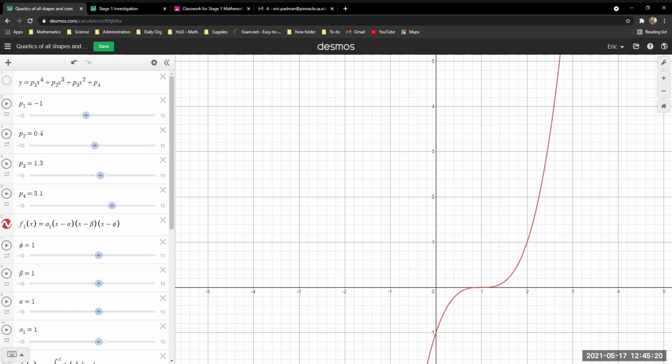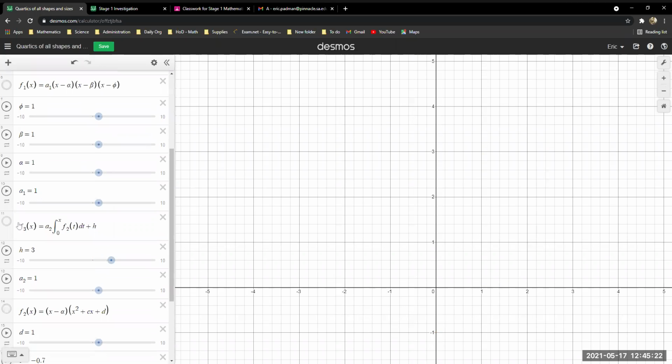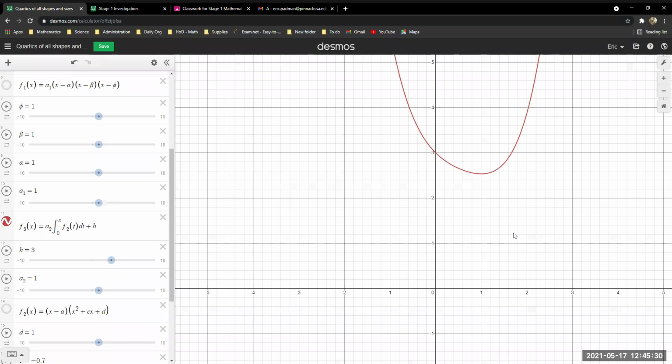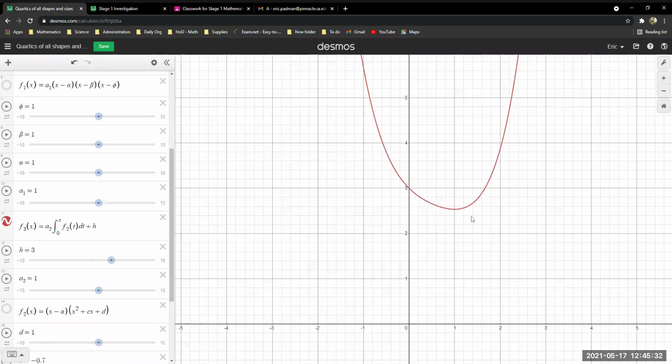Let's have a look. Now, don't worry about how I've done this. Okay, this is actually an example of a quartic. Now, you can see here, we have no x-intercepts. How many stationary points do we have? Okay, so how many times would the tangent flatten out? Once, just here.